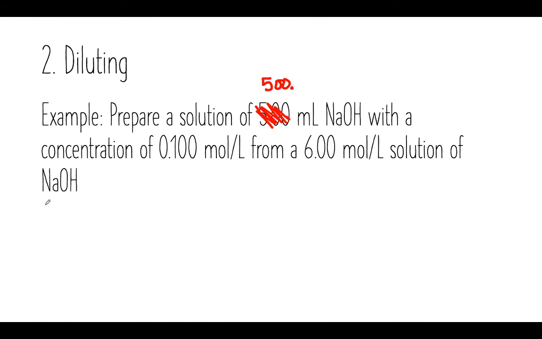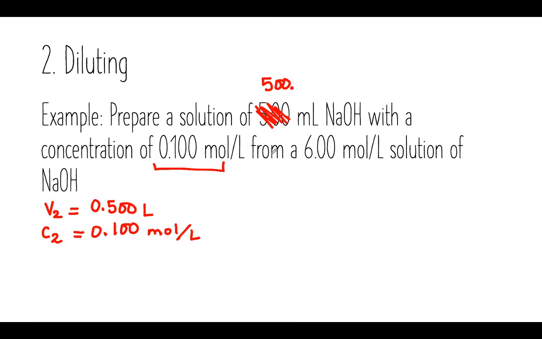So I know that I want to end up, so V2 is going to be 500 milliliters or 0.500 liters of NaOH. The concentration that I want to end up with is 0.100 moles per liter.